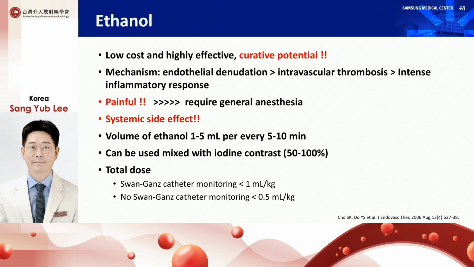Ethanol is a very effective drug, but it is very painful and it has systemic side effects. So in our hospital, the volume of ethanol is maximum 5 ml per single bolus injection, and we wait 5 or 10 minutes for the vital signs to recover to the normal status.